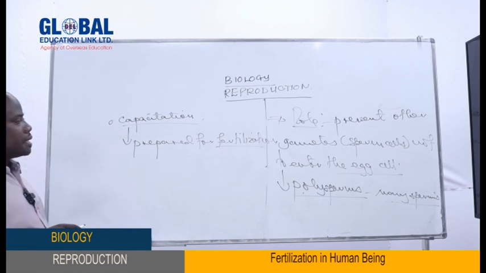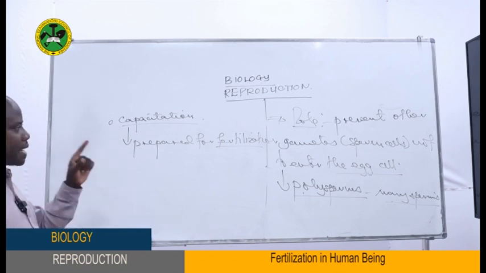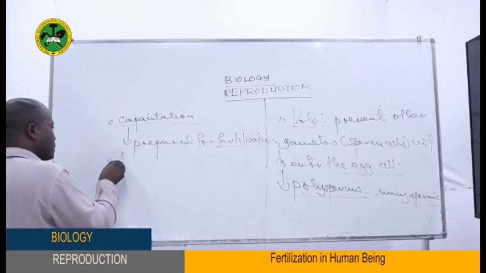As I said, this is an activation period during which the male gamete is prepared for fertilization, and it must take place prior to fertilization. The second process is the acrosome reaction.